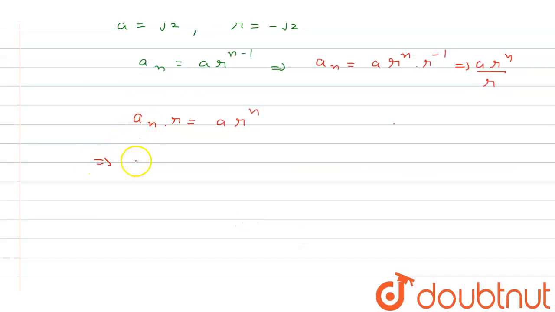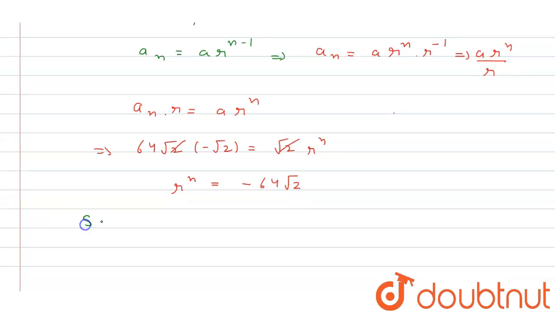Now an is given as 64 root 2, R is minus root 2, and A is root 2 into R^n. This root 2 is cut by this one and we get R^n is equal to minus 64 root 2.